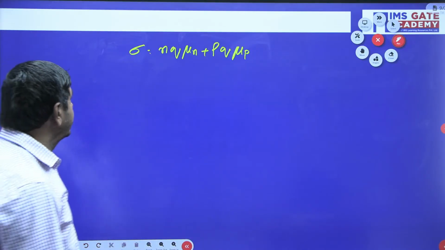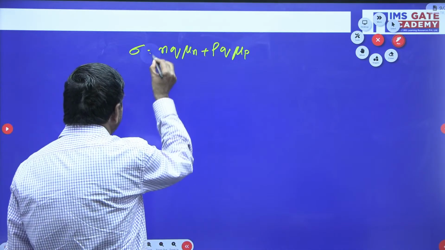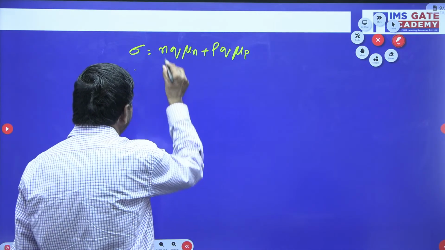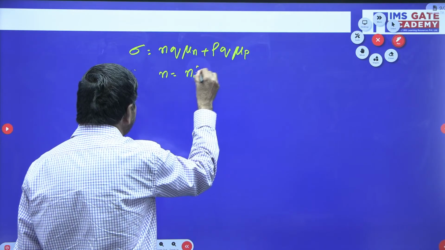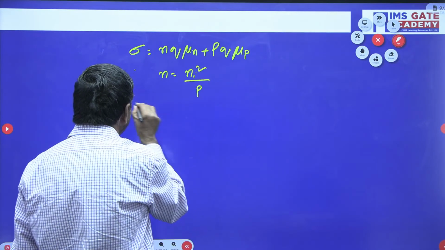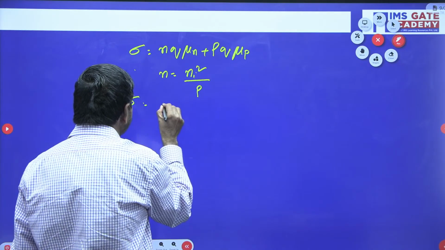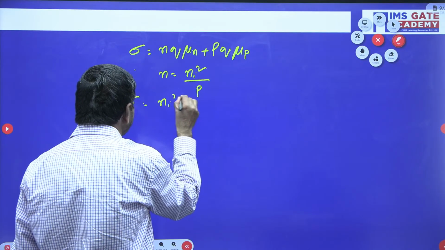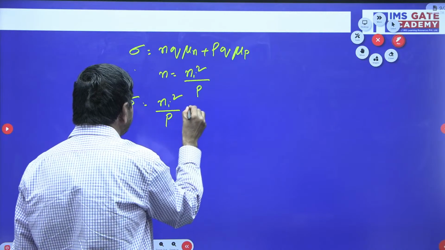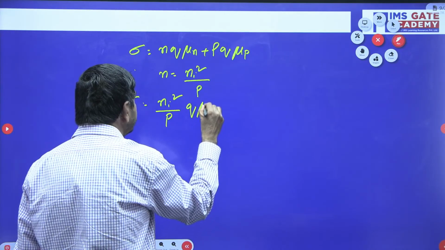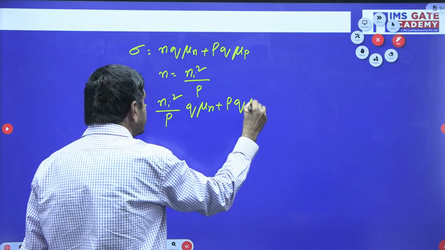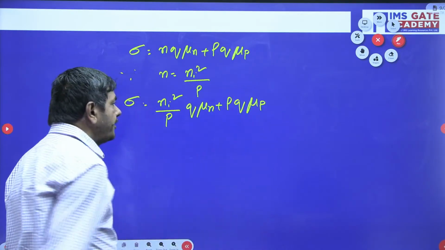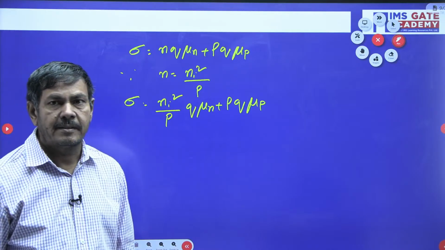Here I can say, according to the mass action law, n I want to convert in terms of the p, ni square by p. Sigma equal to, n is nothing but ni square by p into q into mu n plus p into q into mu p.